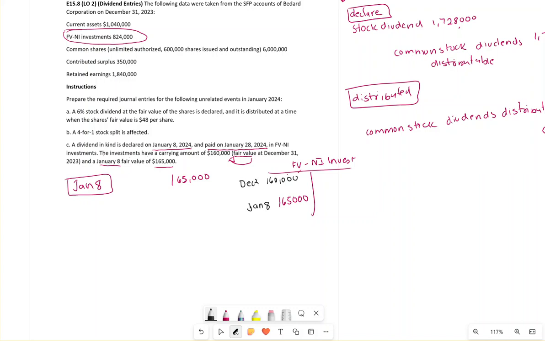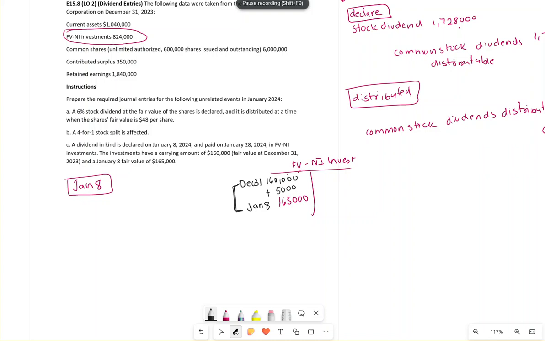So before we declare our dividend, we have to bring the investment value up to 165,000. That means we have a gain from December 31st to January 8th of 5,000.